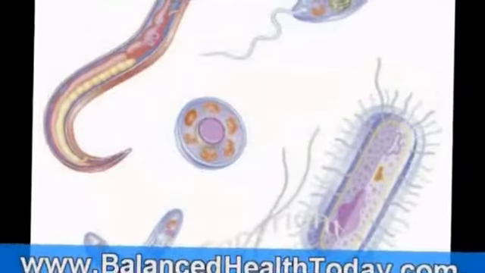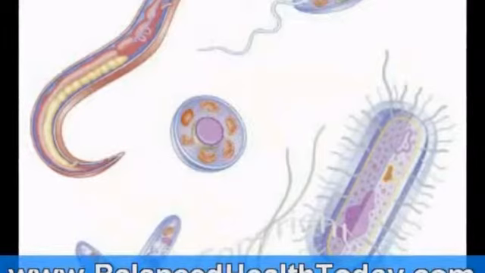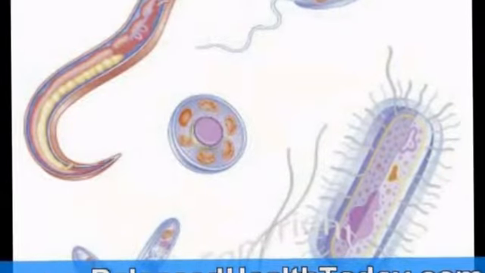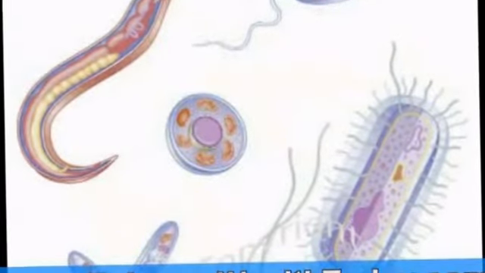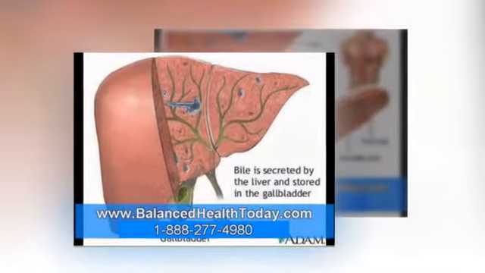Did you ever wonder why the stomach doesn't digest itself? It's because the stomach has a special mucus layer that protects it from this hydrochloric acid. But the small and large intestine have no such protection. Instead, they rely on bile.